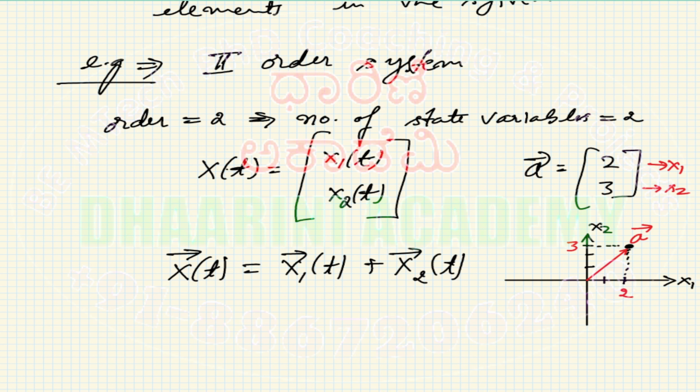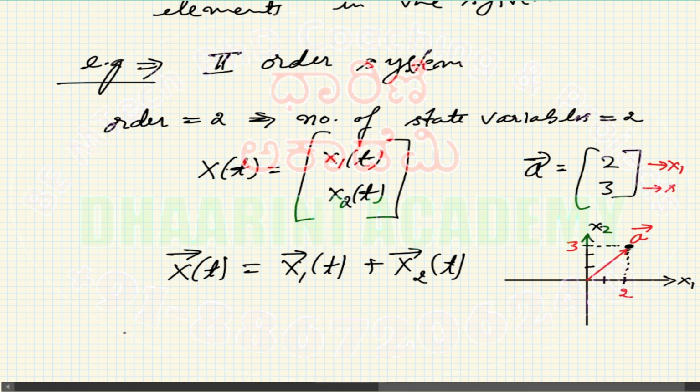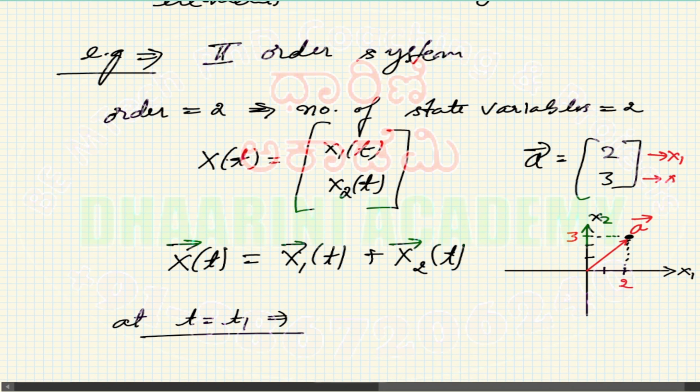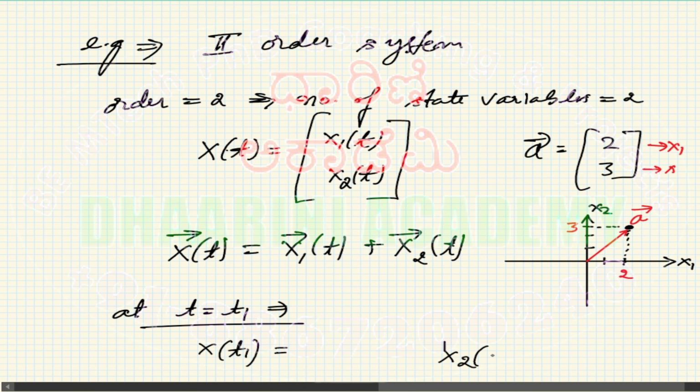Now at time t1, it should still hold the same representation. If I write x of t1, it should be equal to x1 of t1 plus x2 of t1, isn't it?